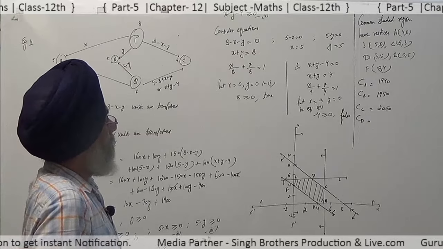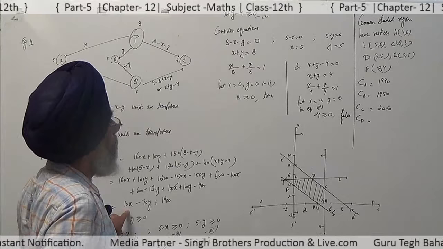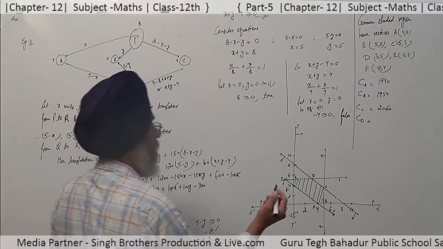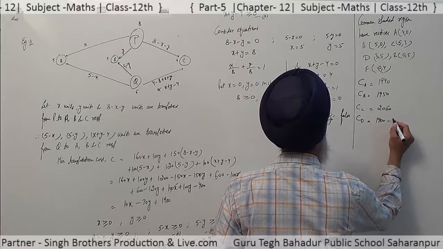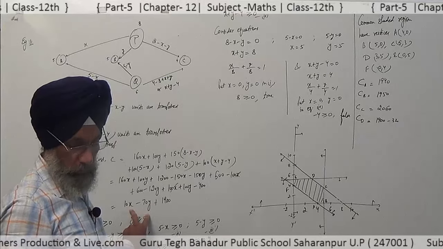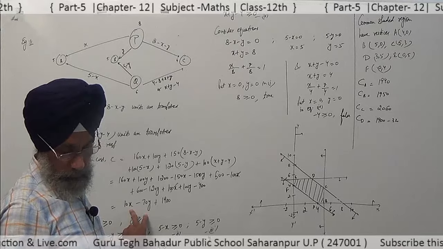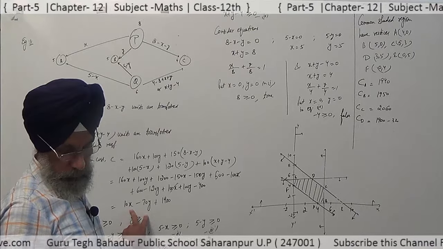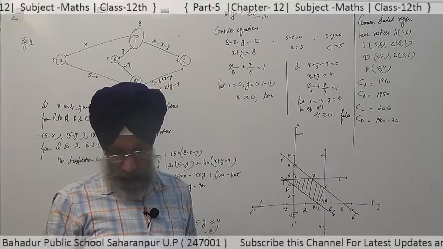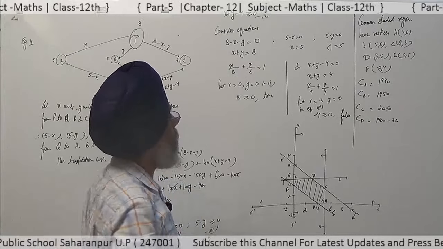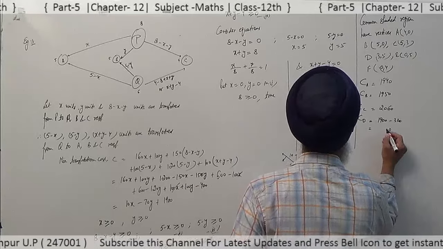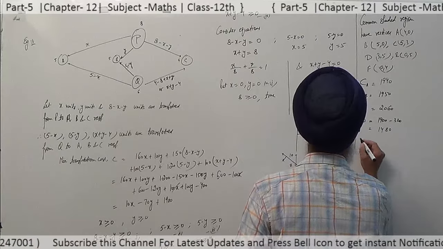Then at D, the value at D, what we have is 3, 5, it's 30 minus 350, 320 and 1900, so it becomes 1480.